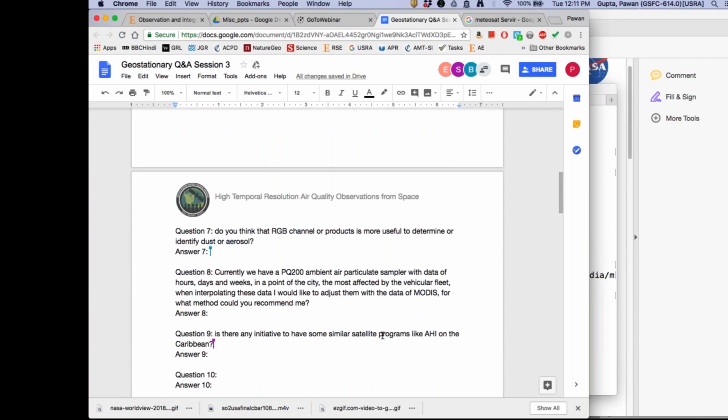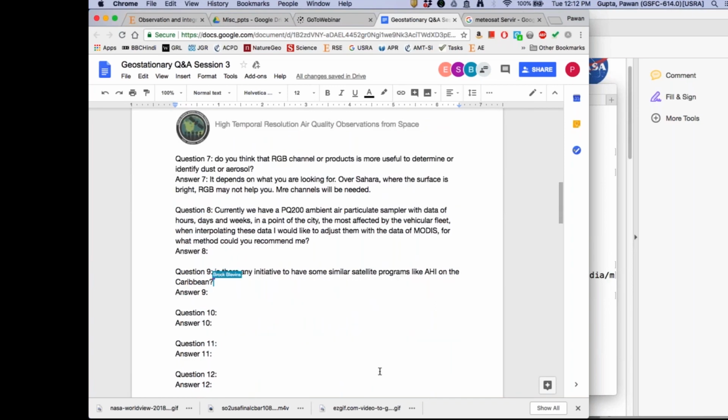Question number 7. Do you think that RGB channels or products are more useful to determine or quantify dust or aerosols? It depends on what kind.